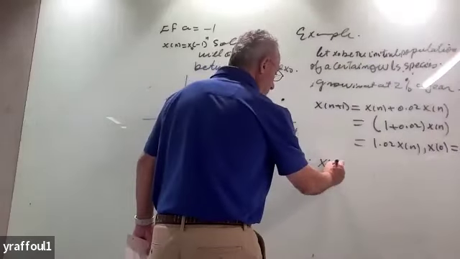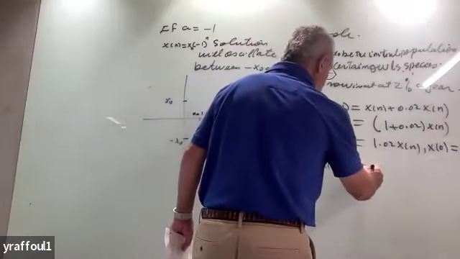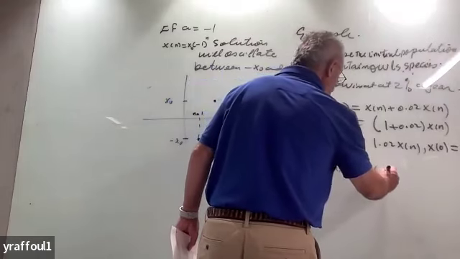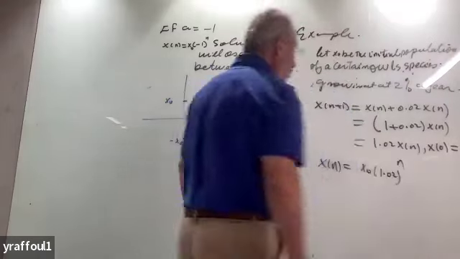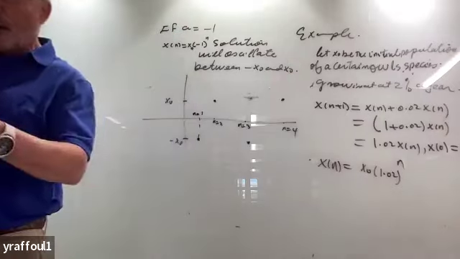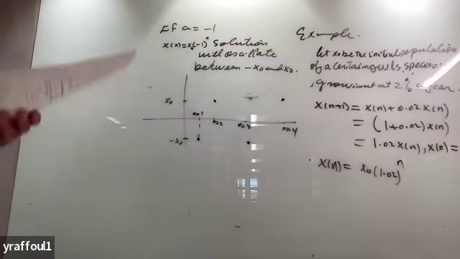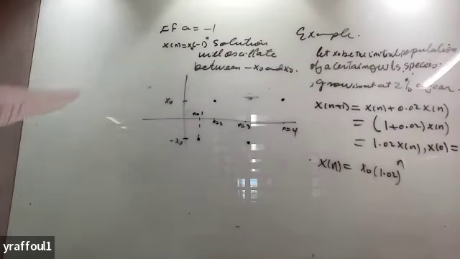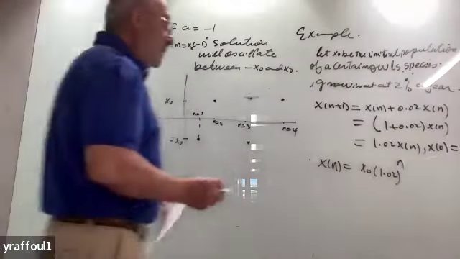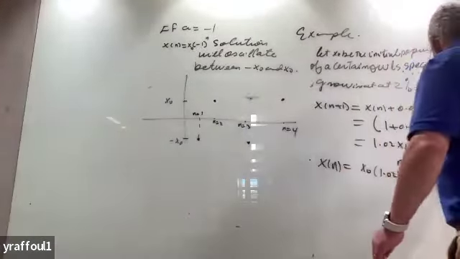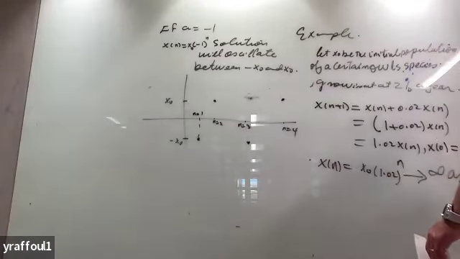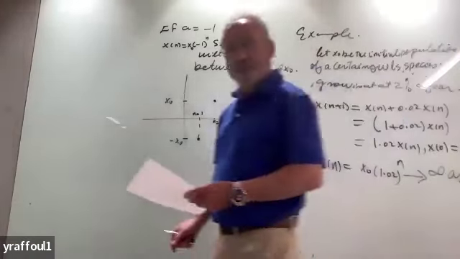So the solution is xn equals x naught times 1.02 to the power n. So if the population is growing, what happens as n goes to infinity? It will go to infinity as n goes to infinity, correct?